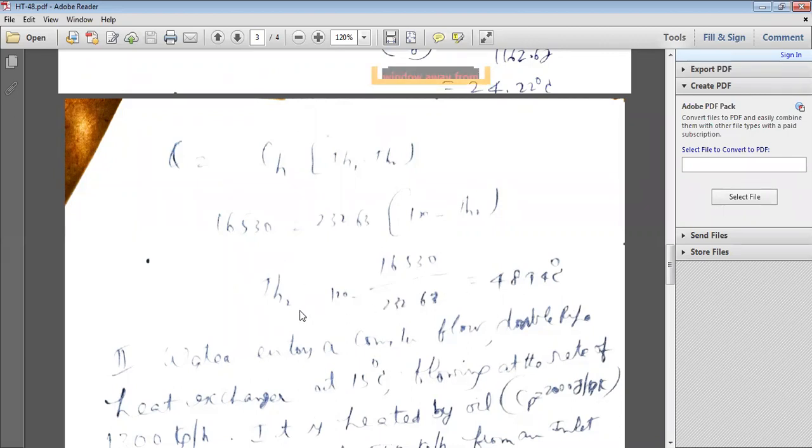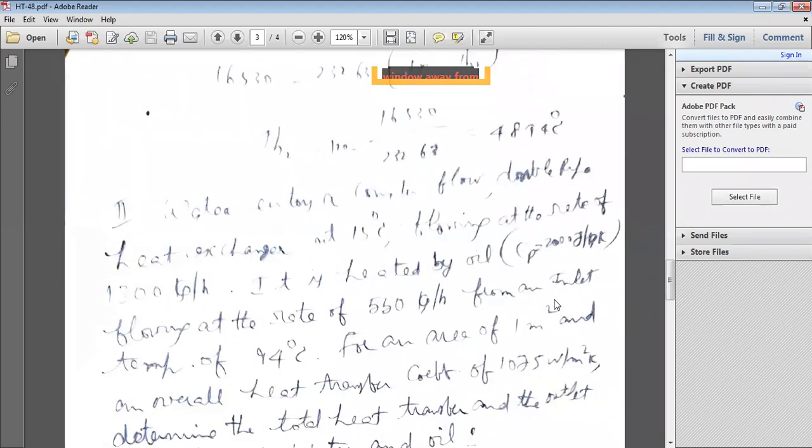From this, the outlet temperature of the hot water is 48.94 degrees centigrade. Outlet temperature of the hot liquid, TH2, is equal to 48.94 degrees centigrade.